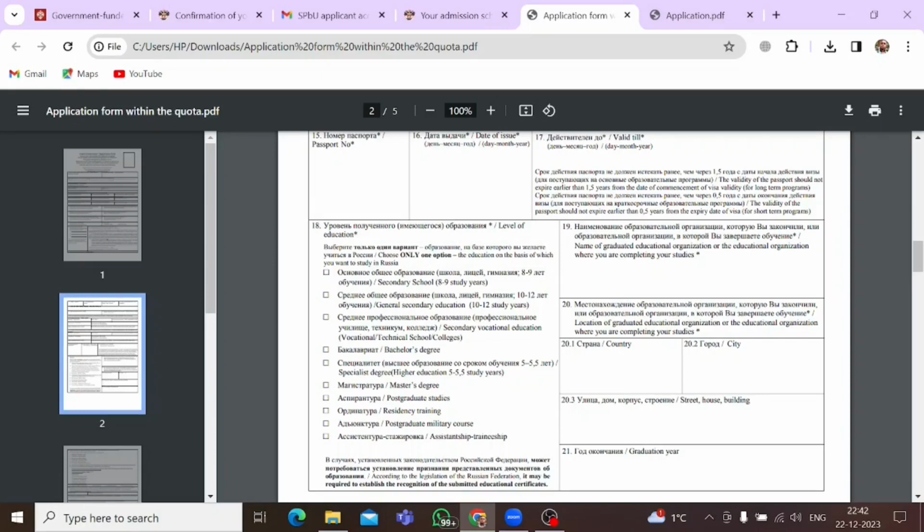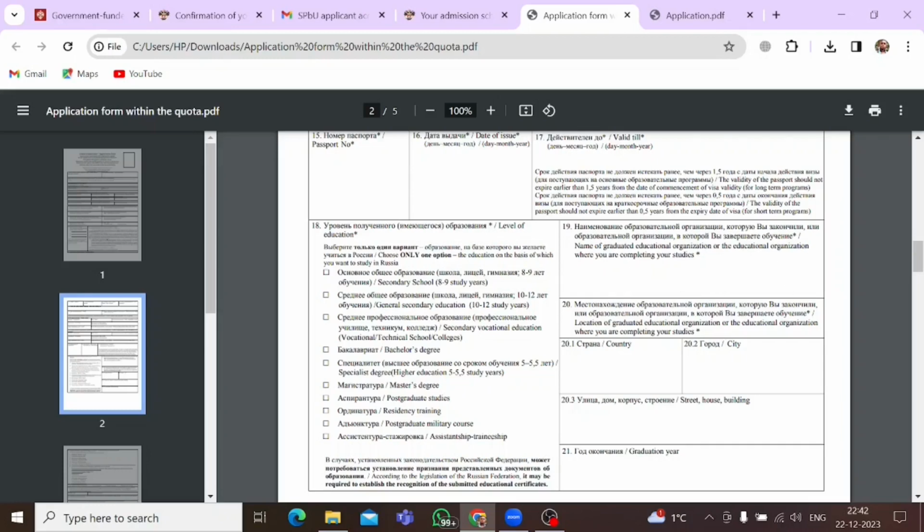But if you have a bachelor's degree, that is, you've received the degree in hand, then you should take bachelor's degree. If you have a master's degree already, take the master's degree here. Be very cautious about this.